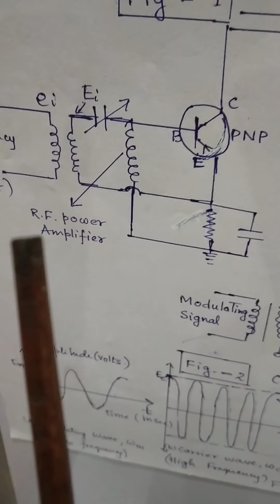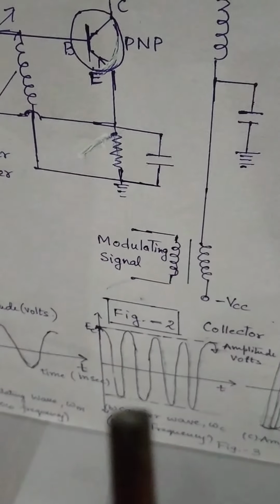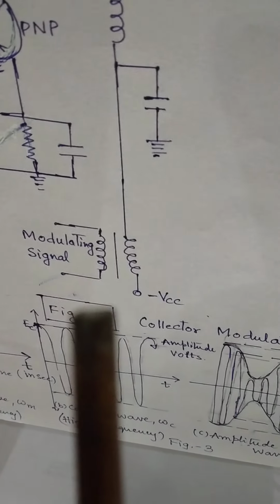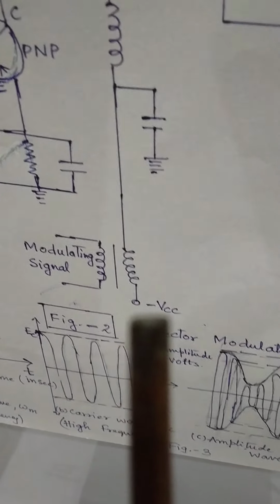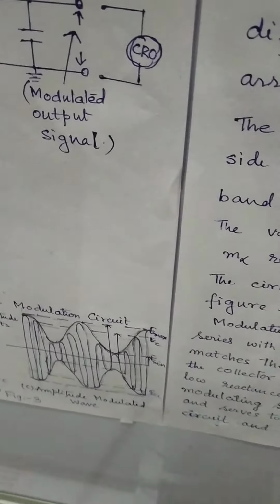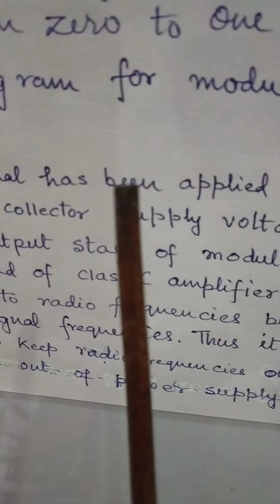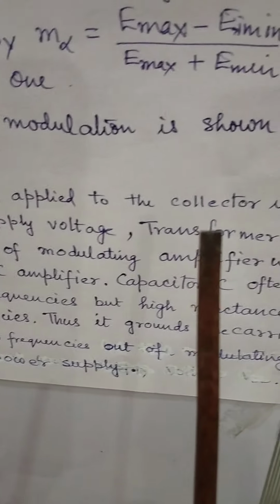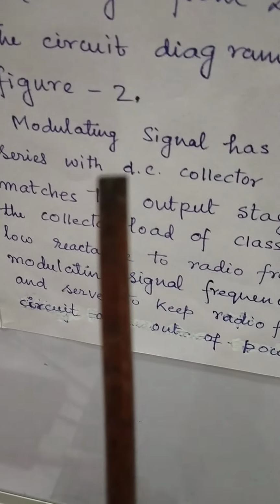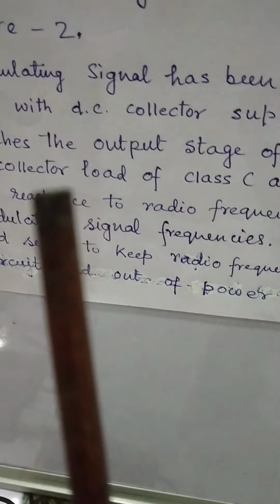This denotes the radio frequency amplifier, and here we have connected the modulating signal, and this −V_CC denotes the voltage. The modulating signal has been applied to the collector in series with the DC collector supply voltage through a transformer.